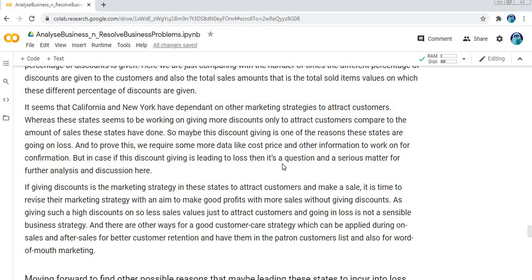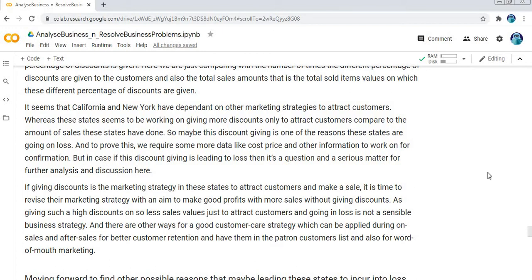To prove this, we require more data, of course, like cost price and other information, for confirmation. But in case this discount giving is leading to the loss, then it is a serious matter for further analysis and discussion.